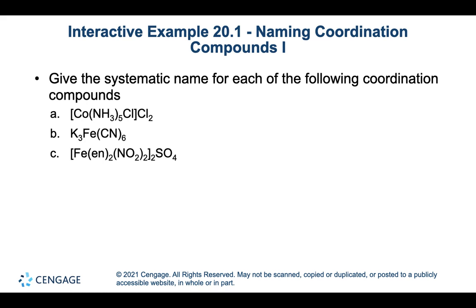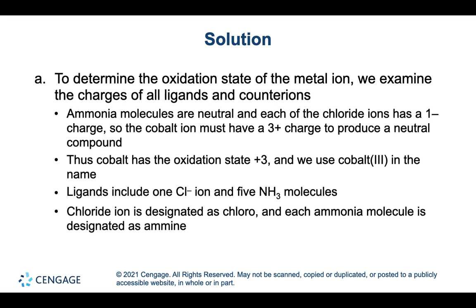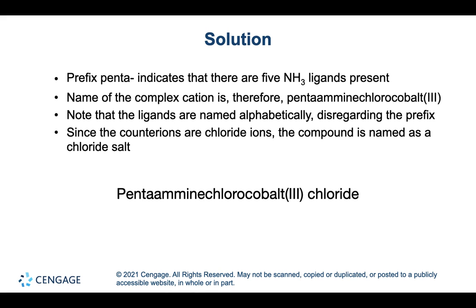One chloride is a ligand, but the other 2 are counterions. So we're going to call it cobalt 3, with the 3 in Roman numerals and in parentheses. The ligands are 1 chloride and 5 ammonias. The chloride is called chloro, and the ammonias are called ammine. We use the prefix penta because there are 5 ammonias.